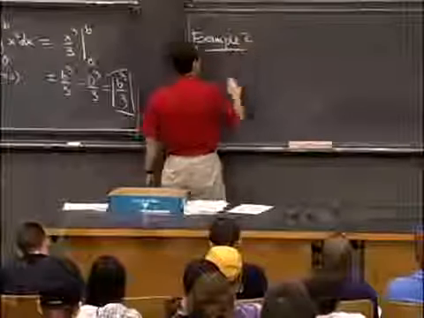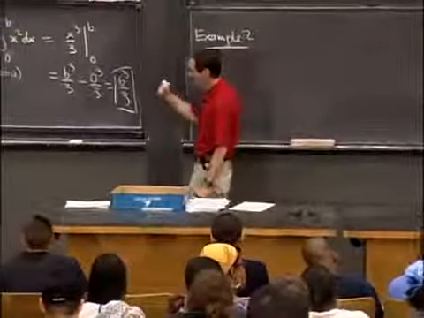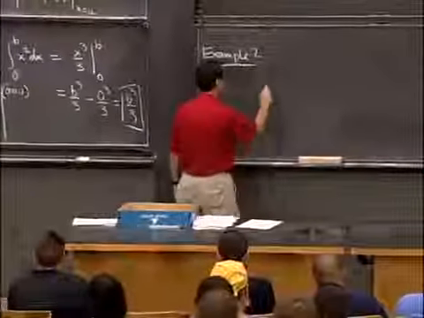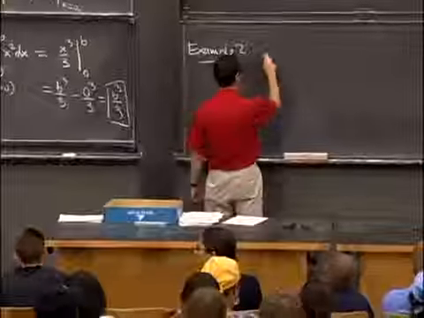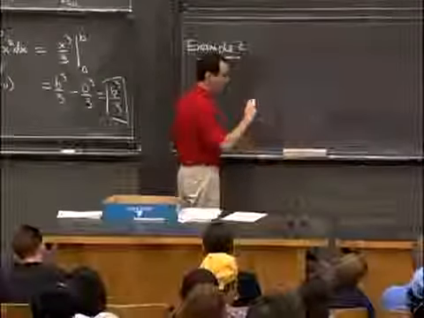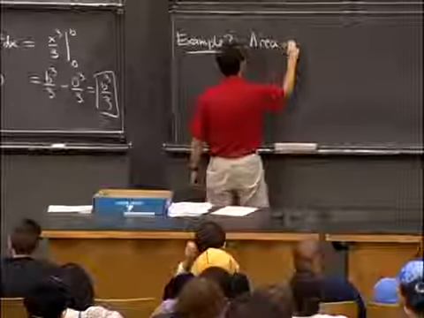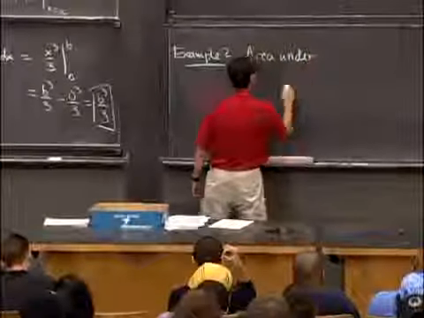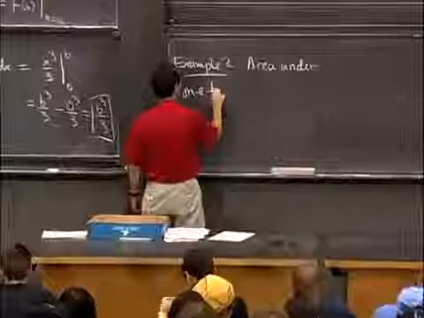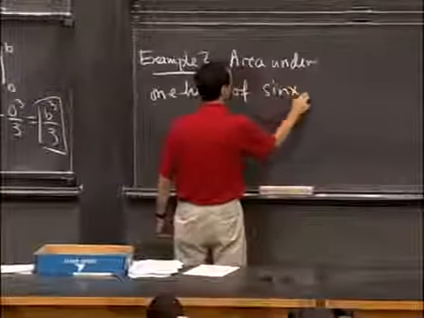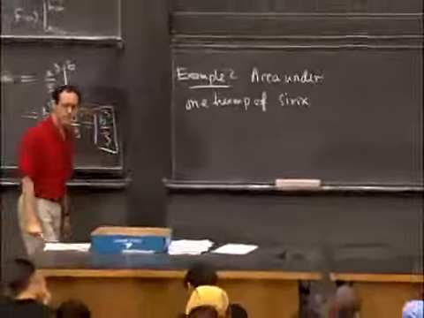So the second example would be one that would be quite difficult to do by this Riemann sum technique that we described yesterday. Although it is possible, it uses much higher mathematics to do it. And that is the area under one hump of the sine curve, sine x.